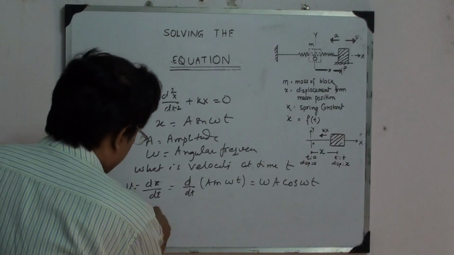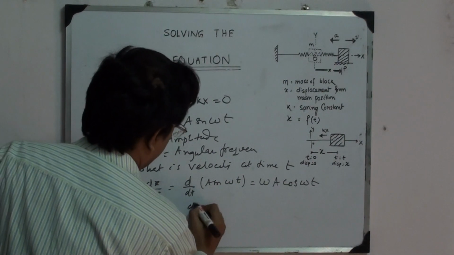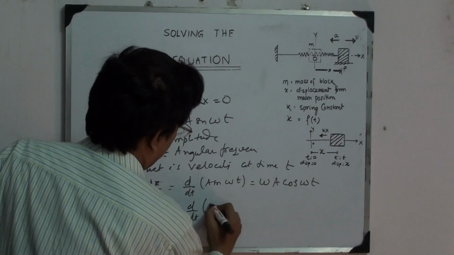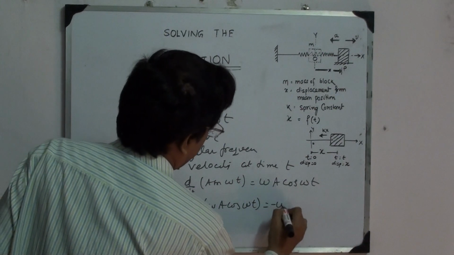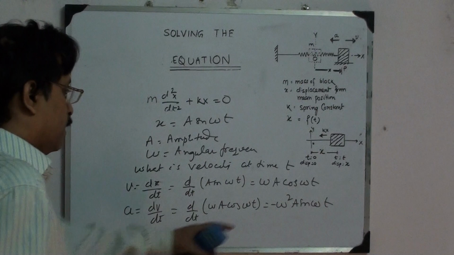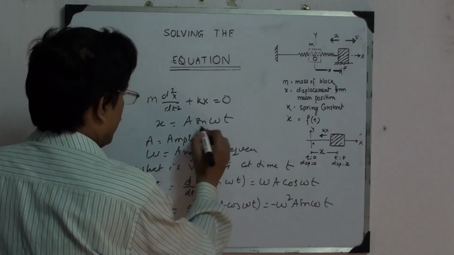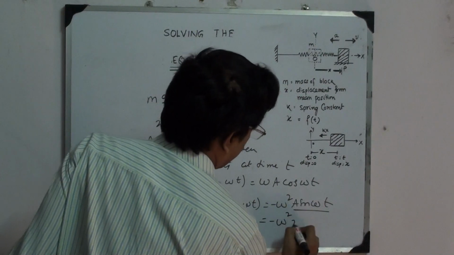What is acceleration? It is dv by dt, which is equal to d by dt of omega a cos omega t, which is minus omega square a sin omega t. Now we can see that a sin omega t is also x, so we can say minus omega square x.